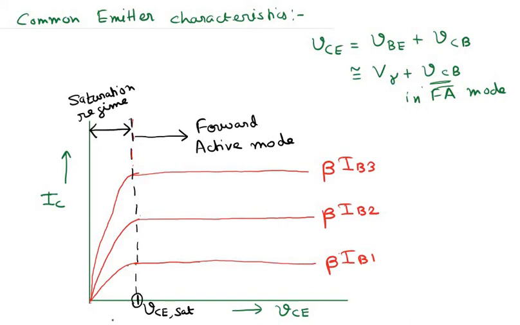This voltage is known as VCE sat, and for a silicon transistor it is generally of the order of 0.2 to 0.4 volts. Normally when we do problems we assume that VCE sat is approximately equal to 0.2 volts. This is the normal assumption, but we can fabricate transistors by different methods to get a higher value of VCE sat.